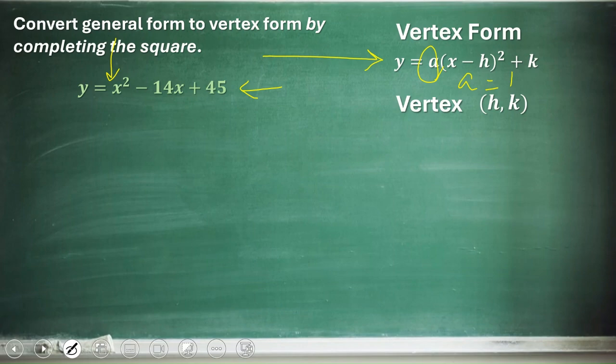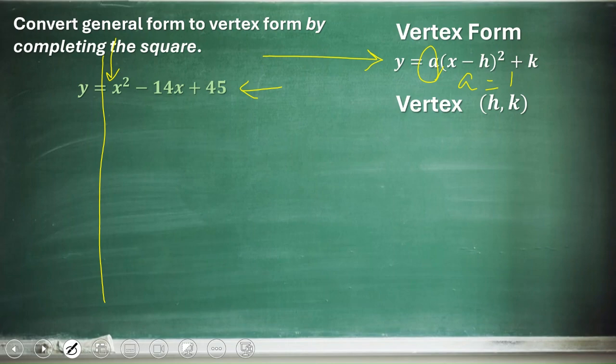So here is how I like to complete the square. The first thing I like to do is divide my equation into two sides, the left side and the right side, because what I do to one side of an equation in math, I do to the other. My first step is going to be to get all of my x terms, so that would be x squared and negative 14x, on one side, and then everything else, so that would be moving my constant term of 45 to the other side.